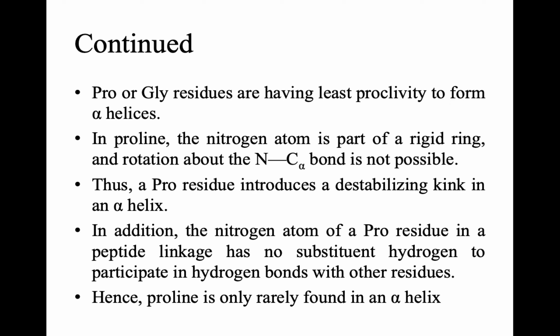And apart from that, certain amino acids, for example proline or glycine, have the least propensity to form alpha helices. In proline, the nitrogen atom is a part of a rigid ring, and rotation about the bond between the nitrogen and the alpha carbon is not possible, because this is the phi bond, which is characteristic of all the different kinds of secondary structure.